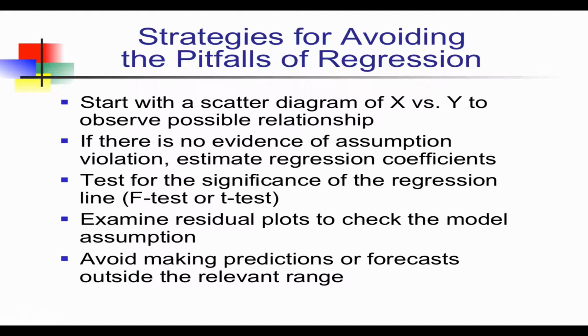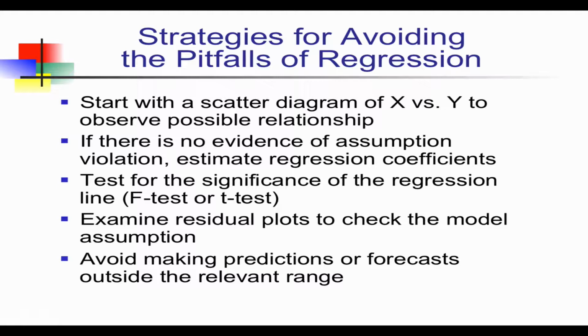So here we just give you a little bit of strategy or some advice in terms of how to do regression. Whenever you do regression, you can start with a scatter plot of x versus y, because this not only tells you whether there's a linear relationship between x and y, it also tells you whether any of those assumptions are valid or any of those outliers are present.